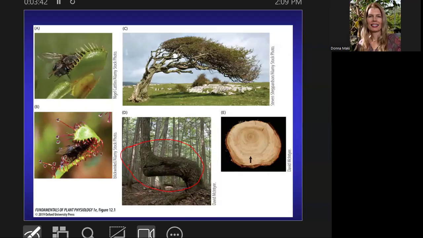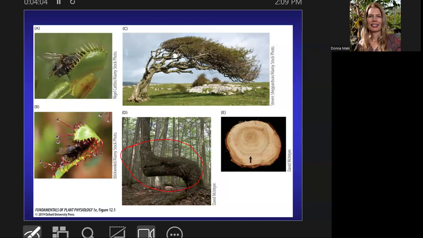I was told that that can happen intentionally, like Native Americans who have lived in certain areas will do that intentionally to young trees as a marker, like a trail marker of some sort. And so I don't know if that is the case for the one out at the island or not.